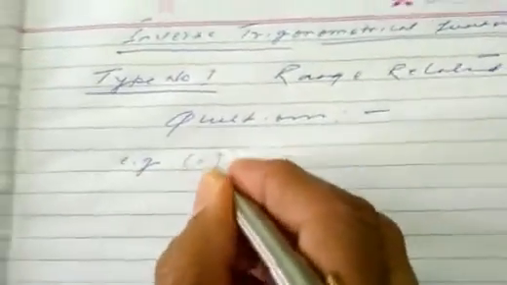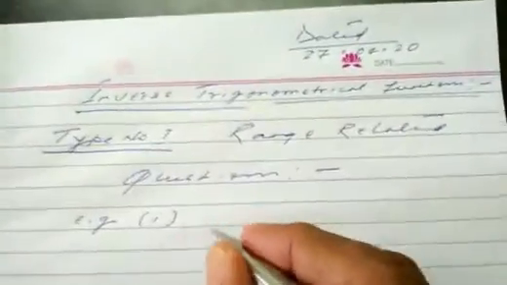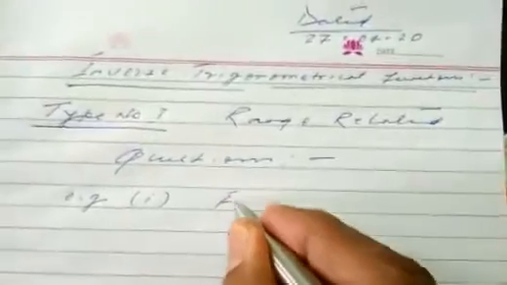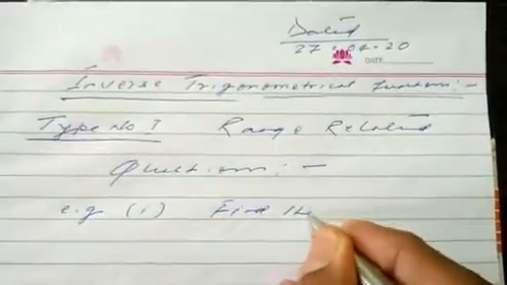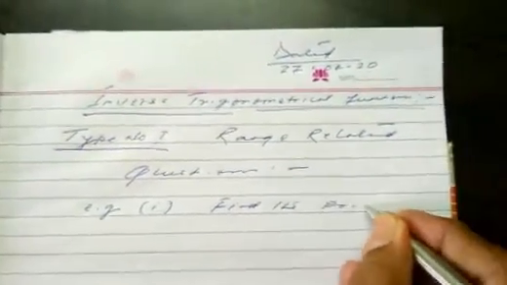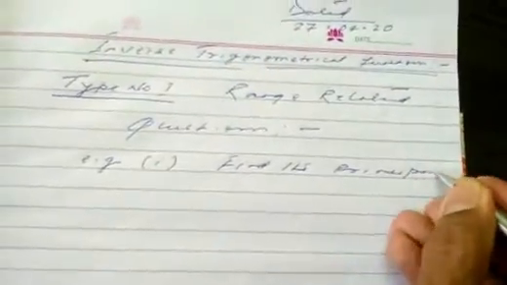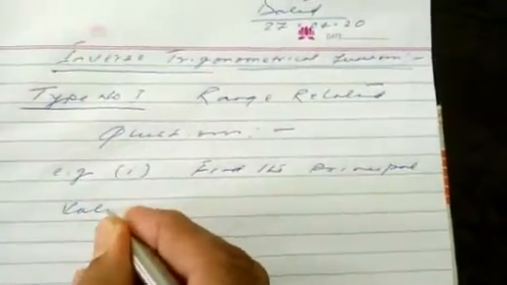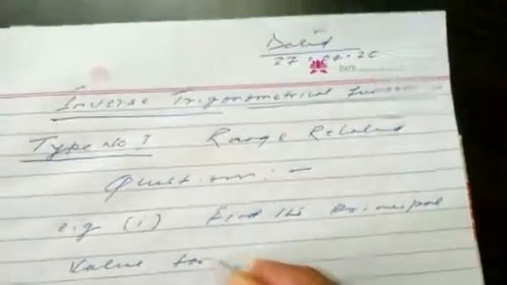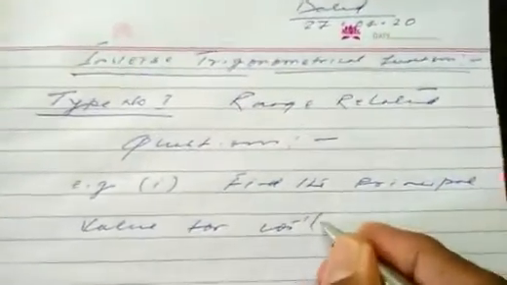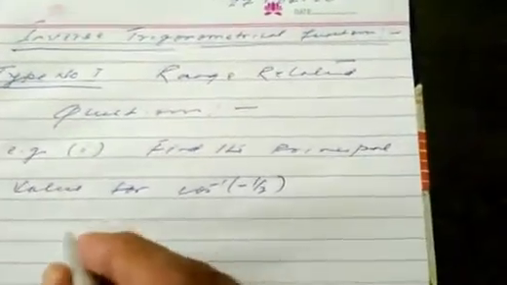Suppose somebody is asking you, find the principal value for cos inverse minus half. How will we go about it?